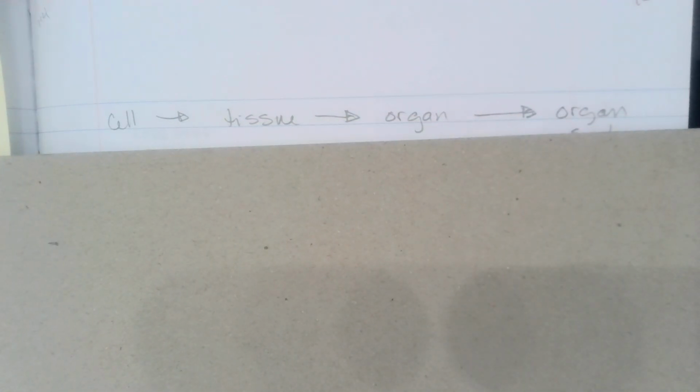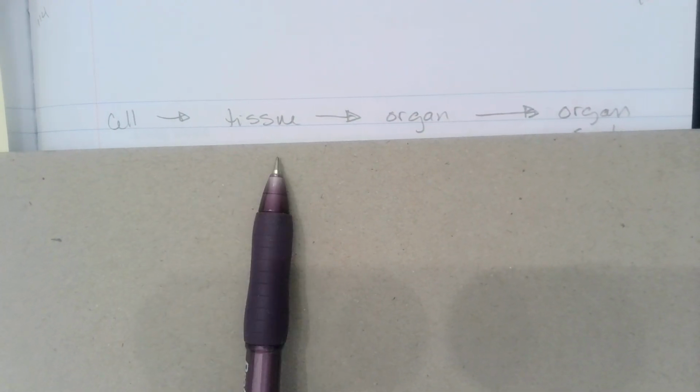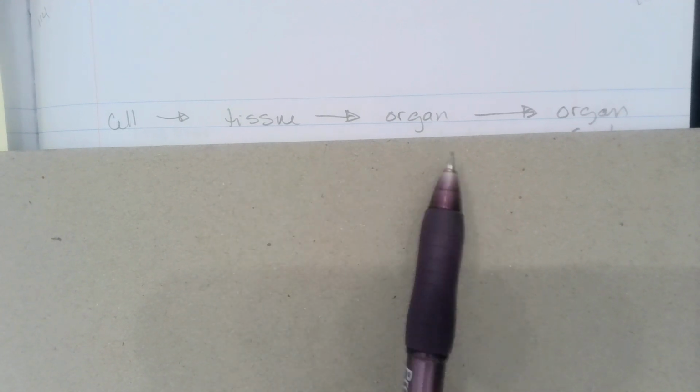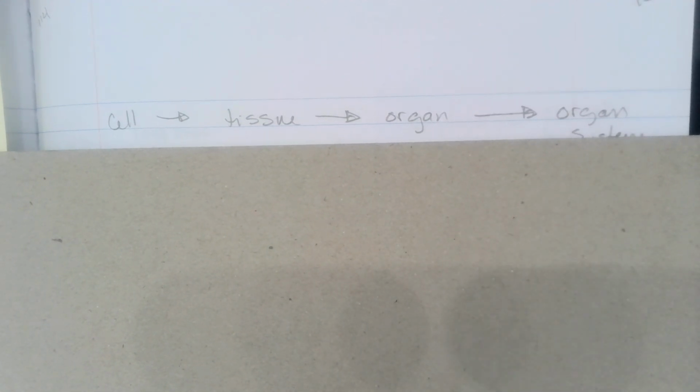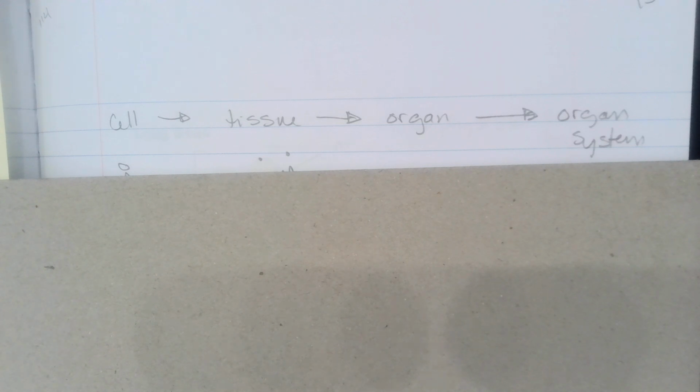All right, so skeletal system. We talked about cellular organization. So within the skeletal system, cellular organization, similar cells build tissue, different types of tissue create an organ, different organs create the whole organ system.